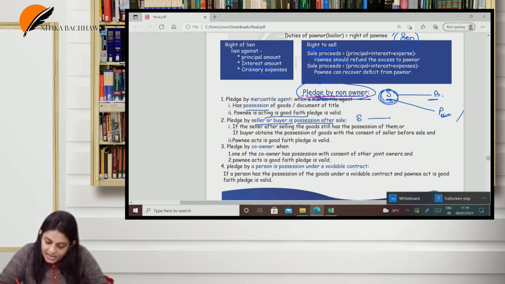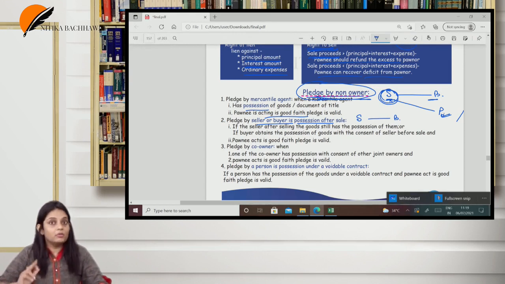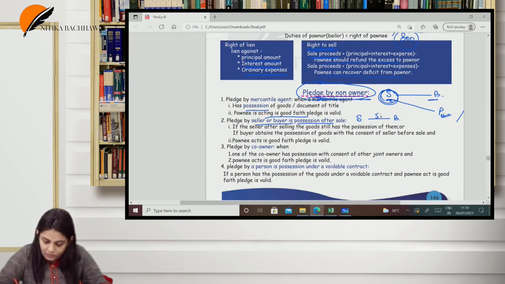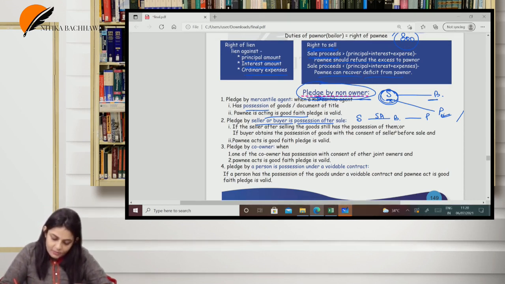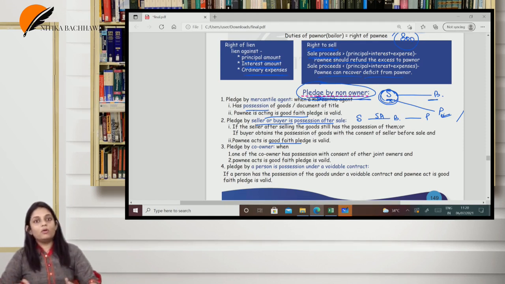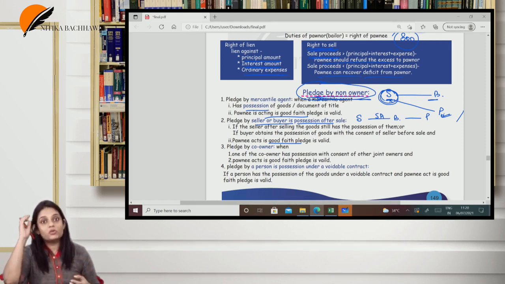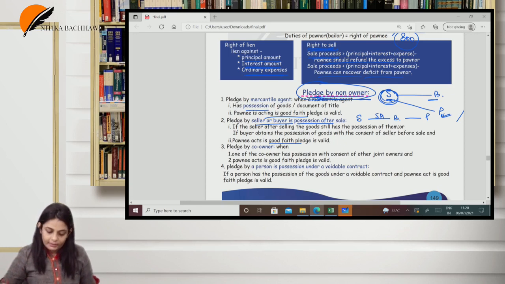Where S has given the goods to B, not sold, let us say sale on approval, and B goes and pledges the goods to P, the pledge is absolutely valid. So if the seller, after selling the goods, still has possession of them, or the buyer obtains possession of the goods with the consent of the seller before sale, and the pawnee acts in good faith, and in all of these cases the pawnee has to act in good faith, then the pledge is valid.